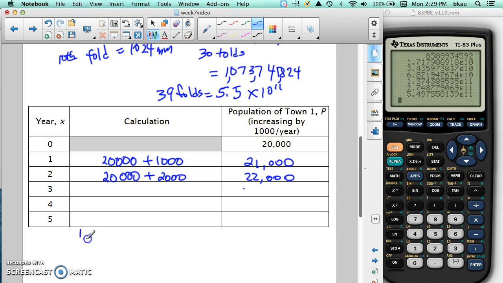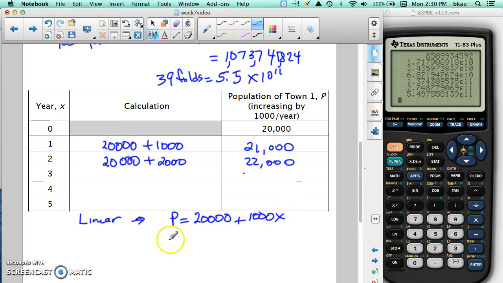This is a linear growth because we're growing by a constant value each time. It's linear, and we can actually write a formula for population here. Population is 20,000 plus 1,000 for each year X. So that would be my population equation.